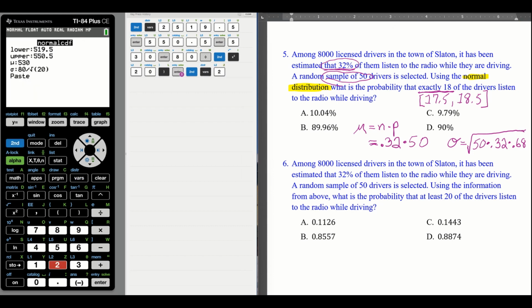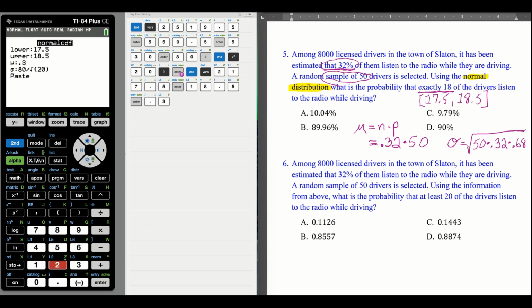Okay. All right. We have an adjusted normal distribution, our bounds. So we subtract 0.5 from the lower bound, and the upper bound, we add 0.5. And now our mean, we had to calculate that.